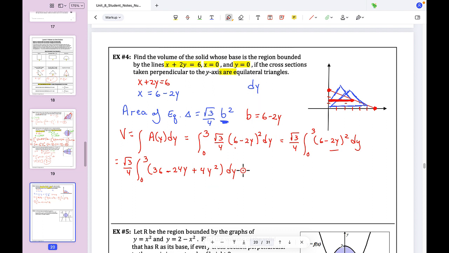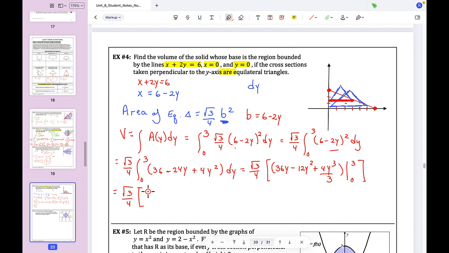When I integrate that, I'll write it out. It's 36y - 24y squared over 2, so that's 12y squared, plus 4y to the third over 3, evaluated from 0 to 3.